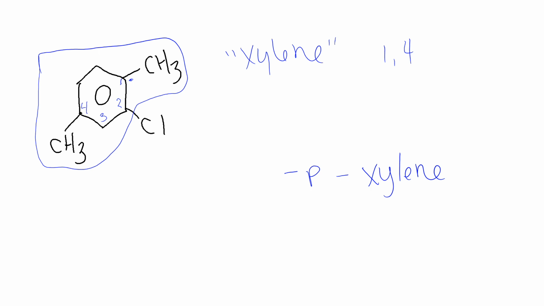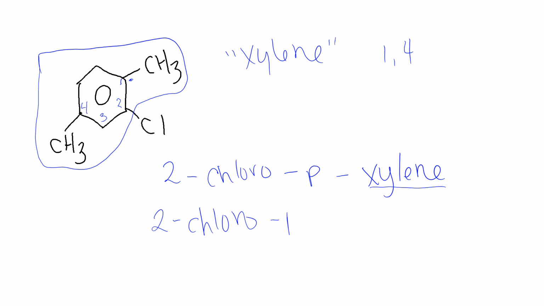And then the next thing to do is to take care of that chlorine functional group. So that is a chloro, and it is in the 2nd carbon position. So one possible name for this would be 2-chloro-p-xylene.